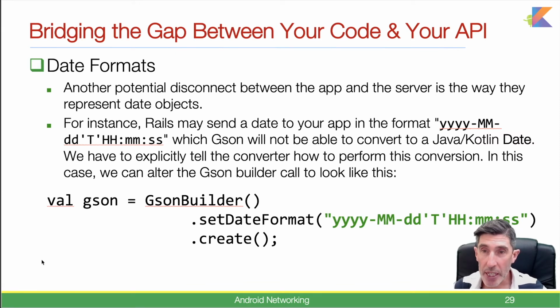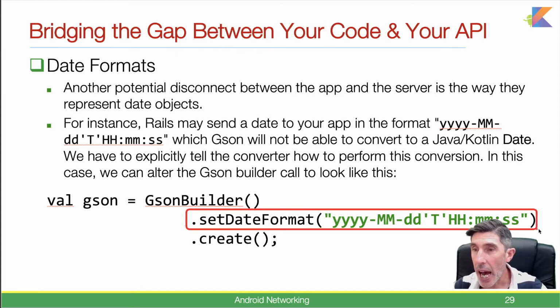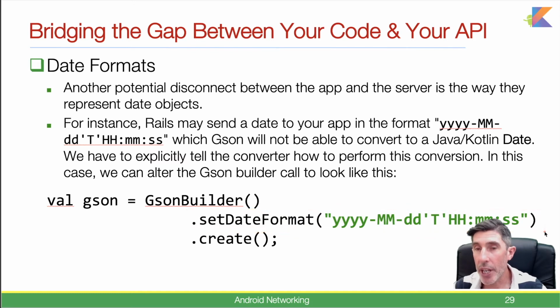So we have to explicitly tell the converter how to perform this conversion. In this case, we can alter the GsonBuilder call to look something like this. Where initially we just had GsonBuilder.create, you can now say GsonBuilder.setDateFormat and tell it the type of format that's coming down off the server. And again, all the conversions will be done automatically for you.